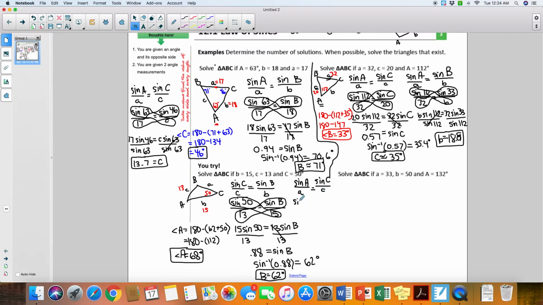So sine of 68 over little a equals sine of 50 over 13. Right, then you would have cross multiplied. All right, so that would have given me a sine 50 equal to 13 sine 68.